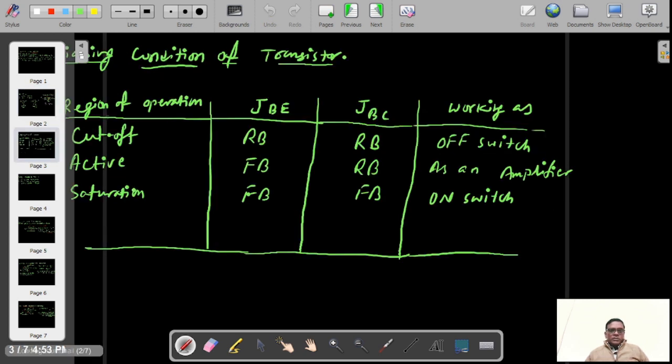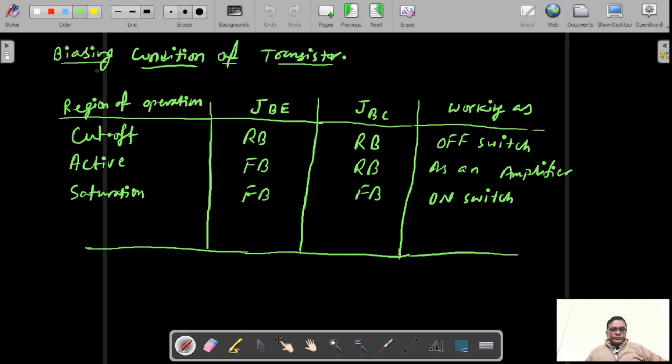Now moving to the concept of configurations. The biasing condition of the transistor. So according to the biasing condition, we say that the transistor will be working in the cutoff region, active region, or saturation region.